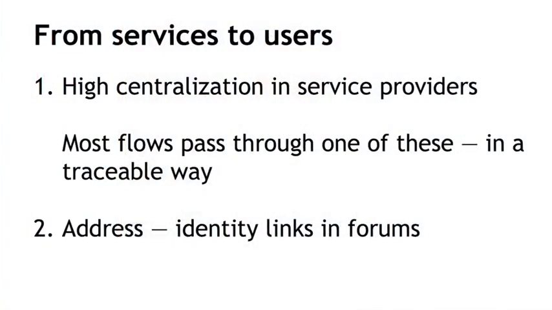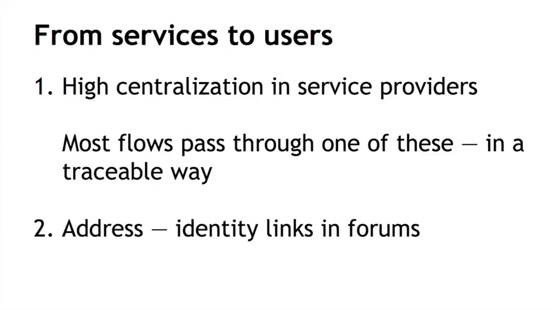There are at least a couple of other ways in which this might happen. And one is that there's high centralization in these service providers. So the intuition here is that most users, in the course of normal usage of Bitcoin over a period of months or years, are going to interact with at least one of those major service providers that were labeled in the previous graph.